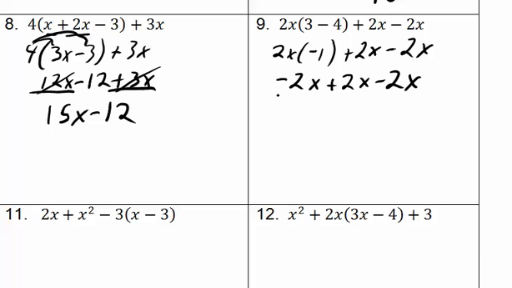If not, I can just do 2 of them, but I could add all 3 of those. Well, let's just do one step at a time like we've been doing. So negative 2 plus 2 is 0. Those are 0 pairs, right? So we're just left with negative 2x.